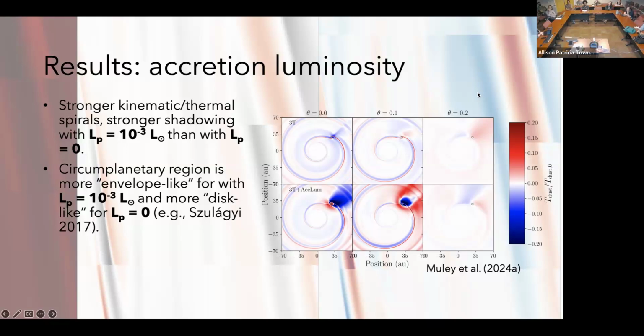So focusing on the midplane plots first, it looks like you turn on the planetary accretion luminosity. Yeah. And that creates a bit of heating in the inner disk, but then a lot of cooling in the outer disk. I think there is a bigger circumplanetary region over here, but I have to admit part of it may also be M1, because it assumes radiation is a fluid, you cannot have beam crossing.